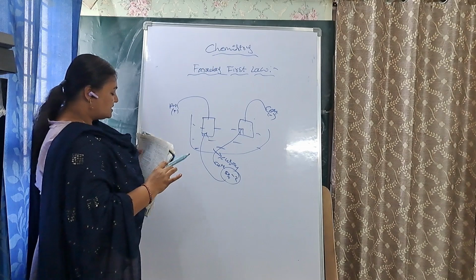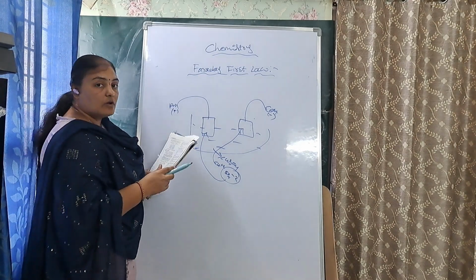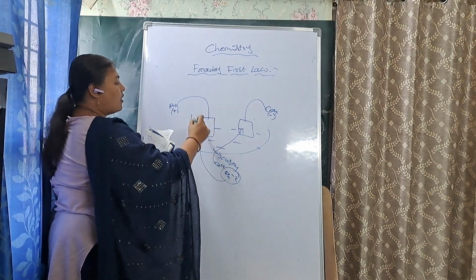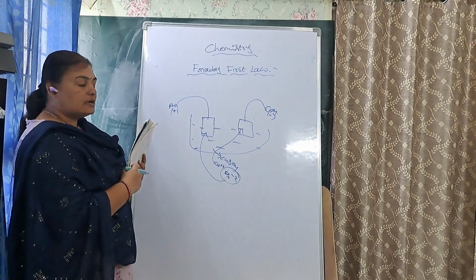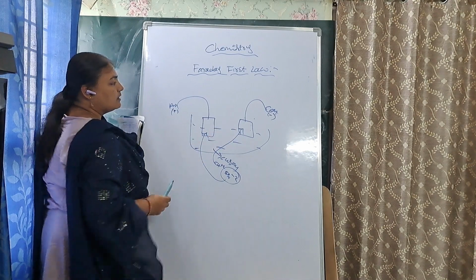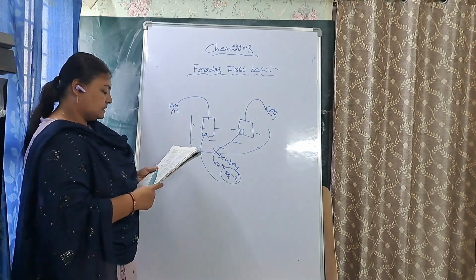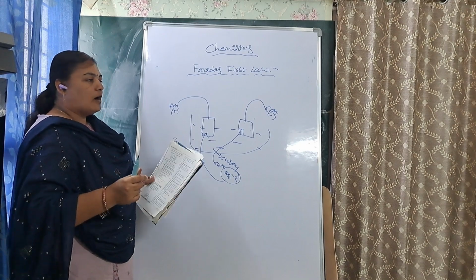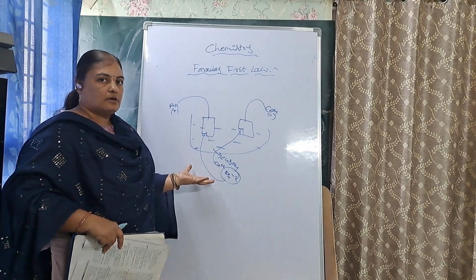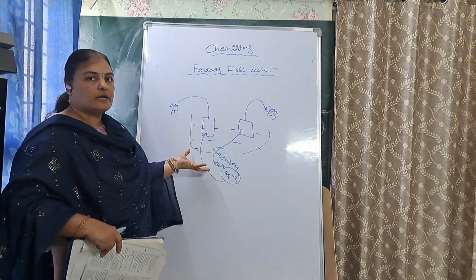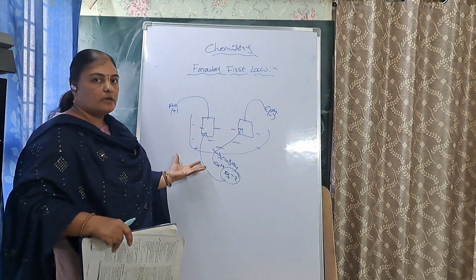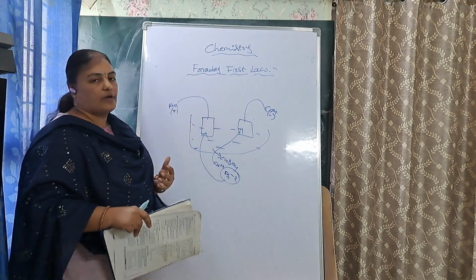Here Faraday's first law tells us about the amount of substance deposited at the electrode during electrolysis, how many ions are deposited on the anode or cathode plate. If the quantity of current passing through the solution increases, the deposition also increases. That information we get from Faraday's first law.